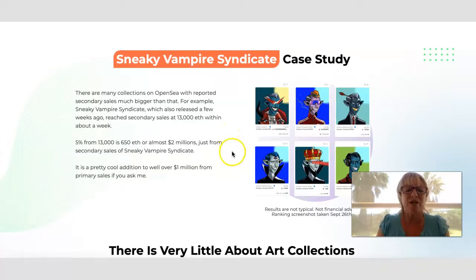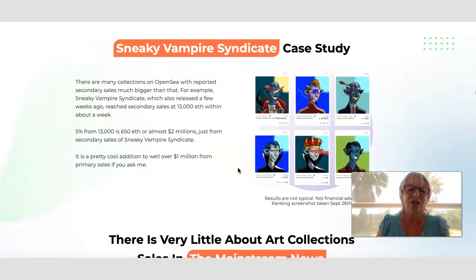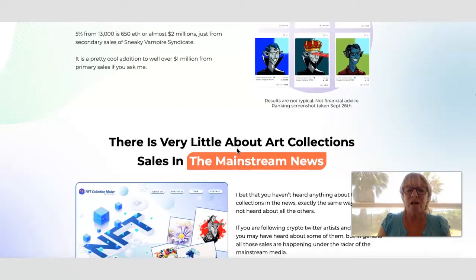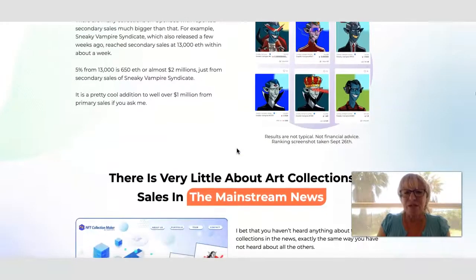So 5% of 13,000 is 650 ETH, or almost $2 million, just from secondary sales of Sneaky Vampire Syndicate. It's a pretty cool addition to well over 1 million from the primary sales. So that is what can happen with these NFTs.